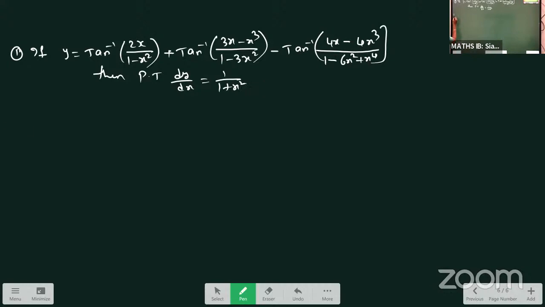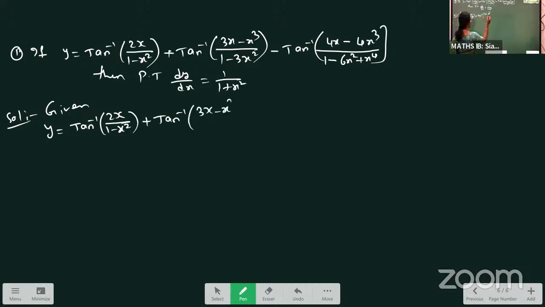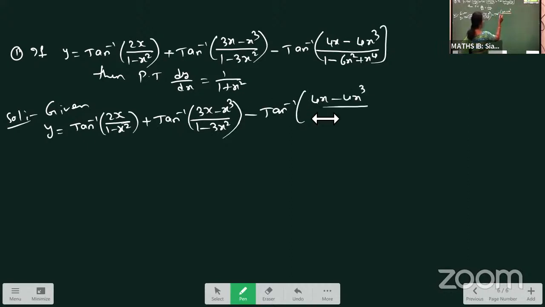So take the question as it is given. Y is equal to tan inverse 2x by 1 minus x square plus tan inverse 3x minus x cube by 1 minus 3x square minus tan inverse 4x minus x cube by 1 minus 6x square plus x to the power 4.